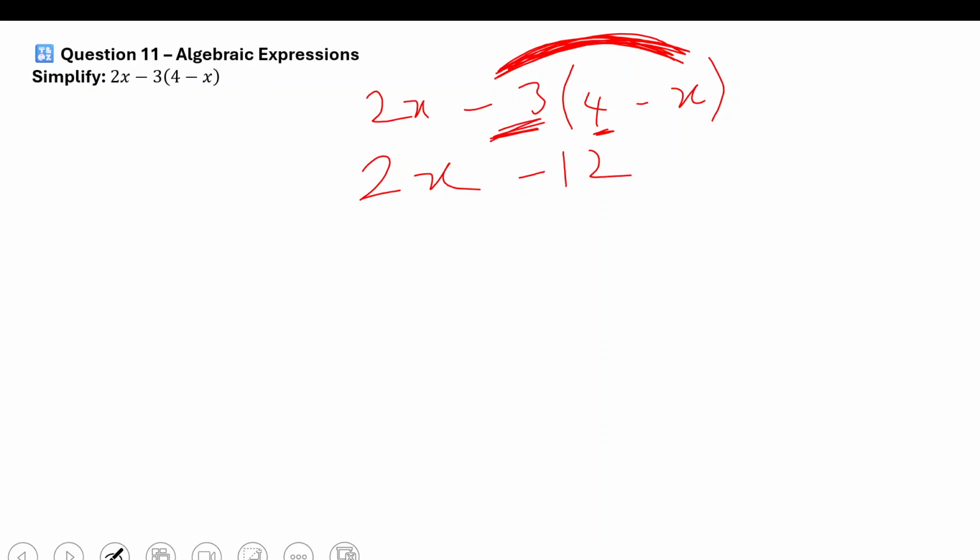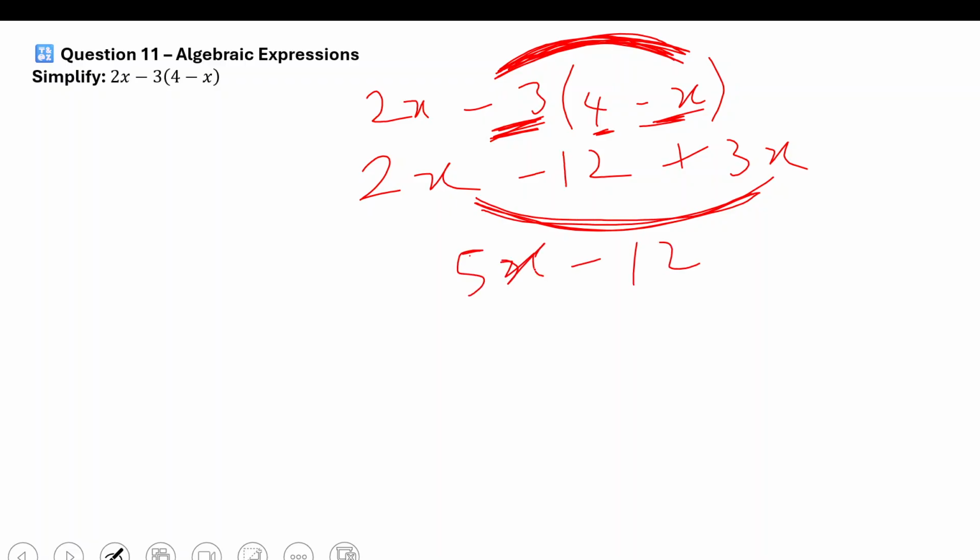And minus 3 outside times minus x will give us plus 3x. So these are like terms. 3x and 2x are like terms. So 3x plus 2x will give me 5x, minus 12. So the final simplification for this particular question is 5x minus 12.